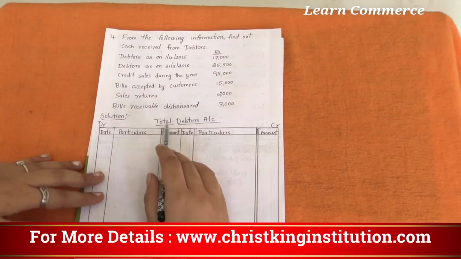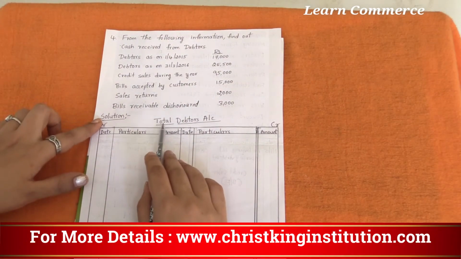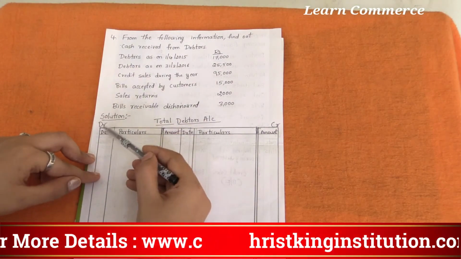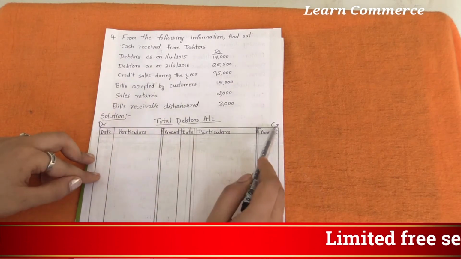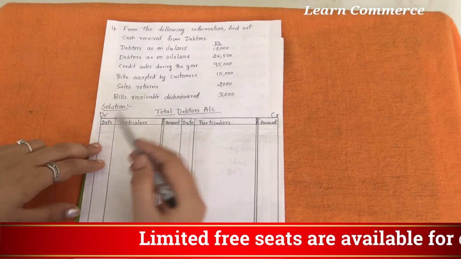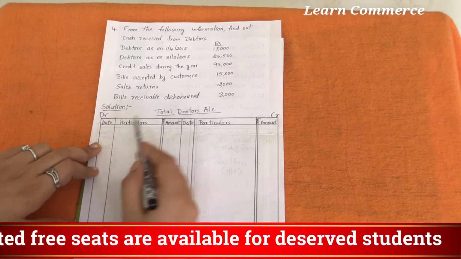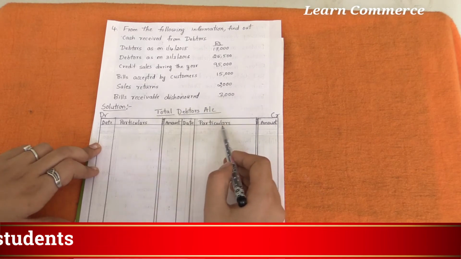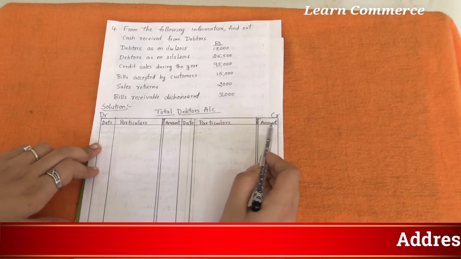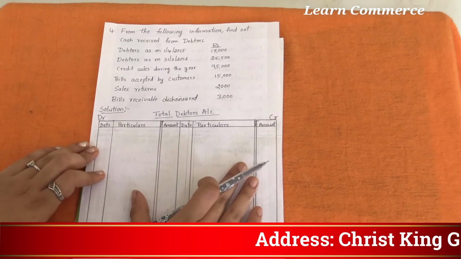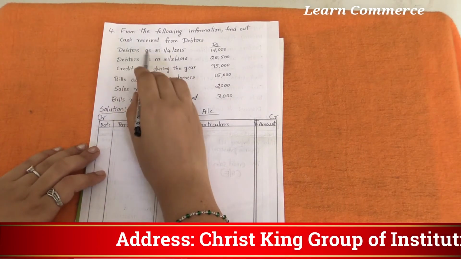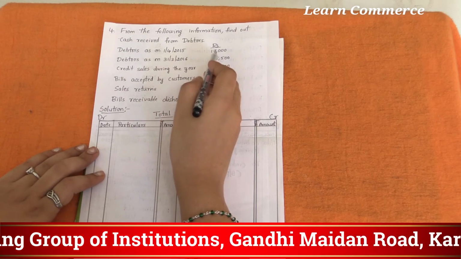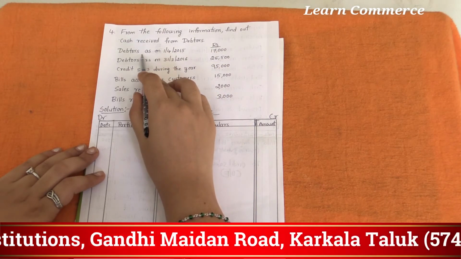Okay, write the heading. Side solution, write total debtors account. Draw the ledger. Here debit, debtor, creditor. Then date column, particulars, journal folio JF, amount, date, particulars, JF, amount. Yes, let's solve the problem. Debtors as on 1st April 2015, 17,000. So, this is the opening balance of the debtors.